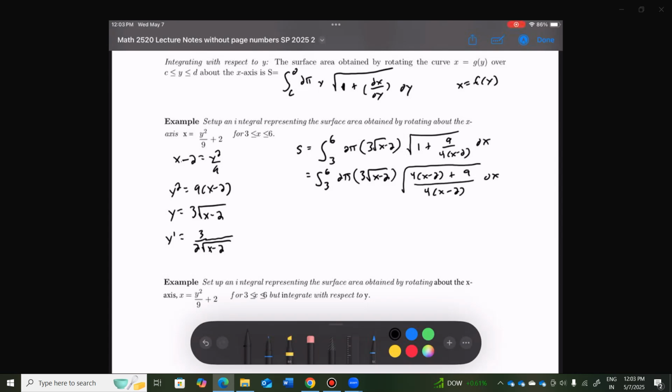I can pull the 4 times x minus 2 out. And it's going to be kind of like, why are you doing this? But you'll see. So I have 3 square root of x minus 2 on top. Take the square root of the bottom to pull it out. You get 2 square root of x minus 2.